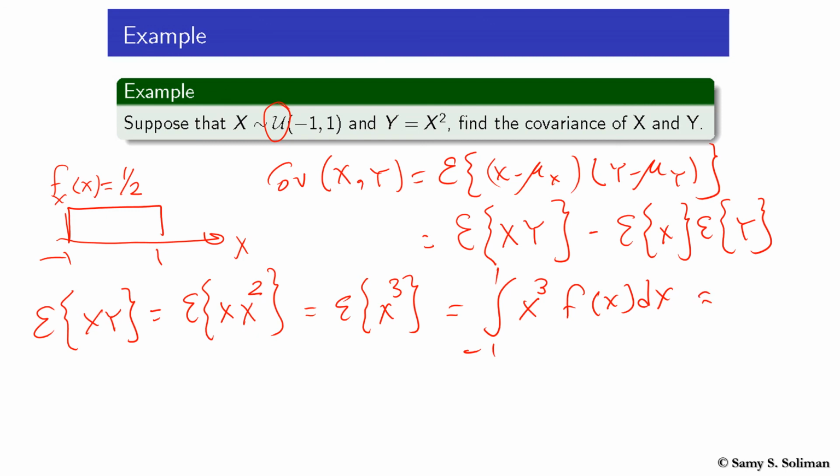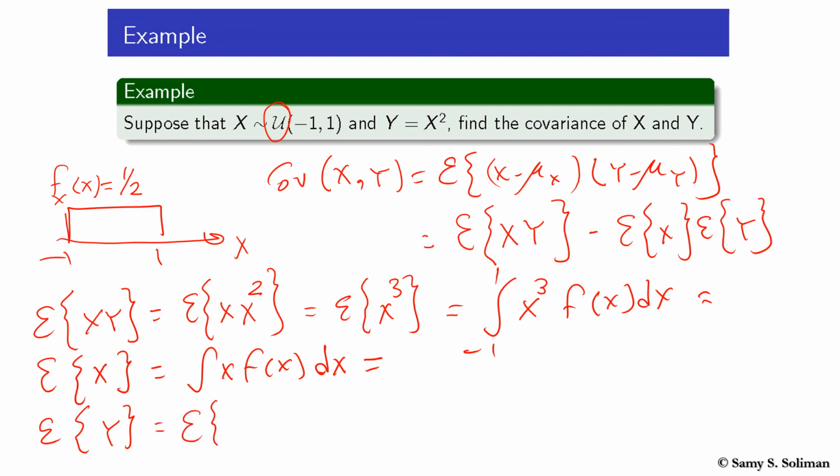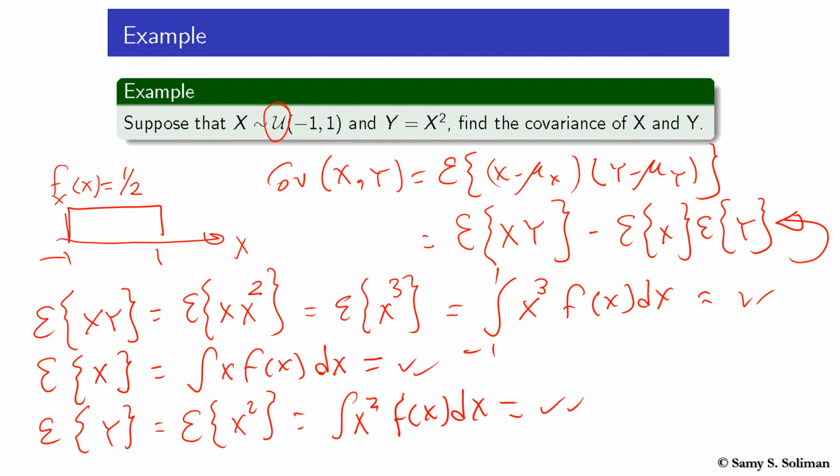So this value can be evaluated. Also, the expected value of x is the integral of x f of x dx. So this can be calculated. We know all the parameters, and the expected value of y is actually the expected value of x squared, which again can be calculated by the integral of x squared f of x dx. So we get all three values that are needed to calculate this covariance.